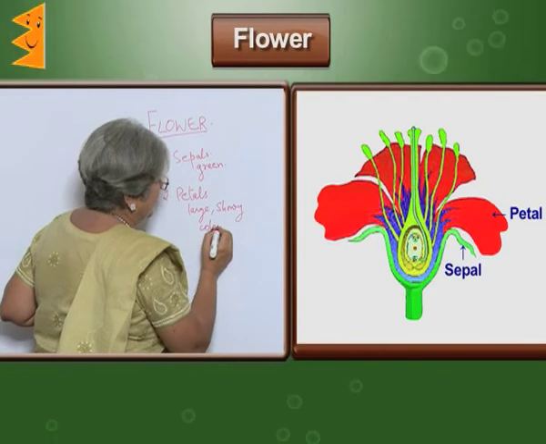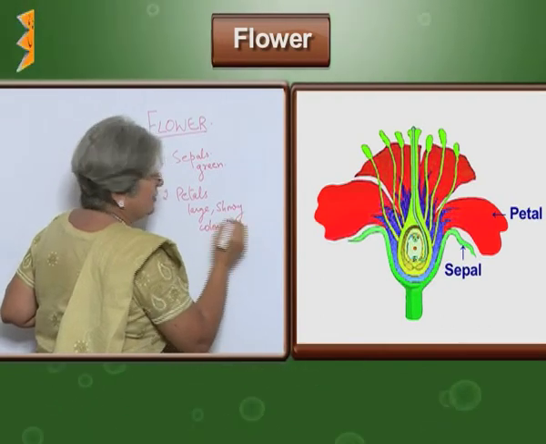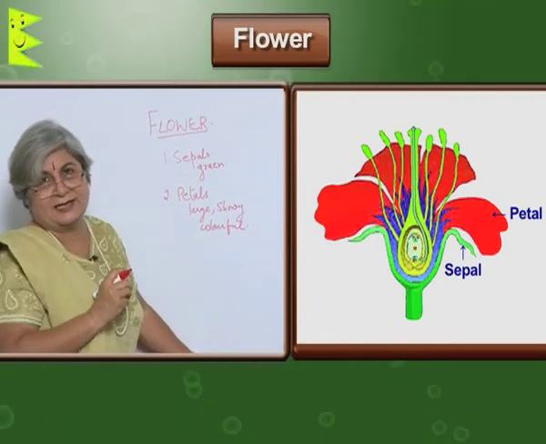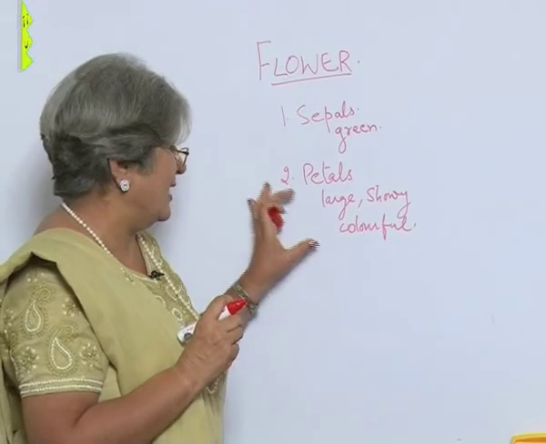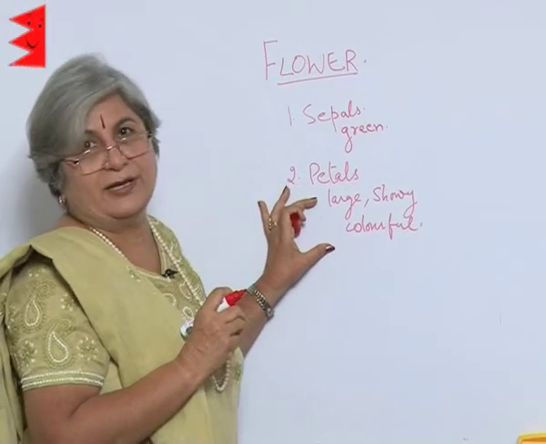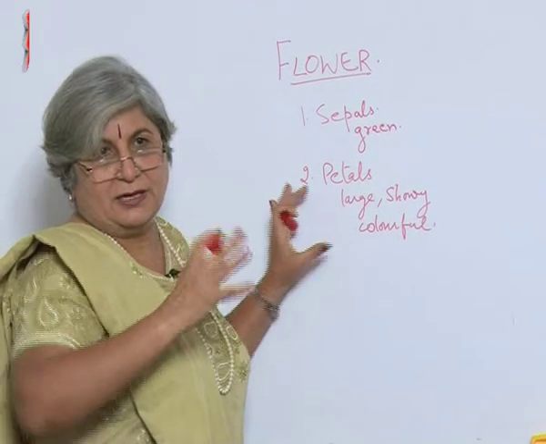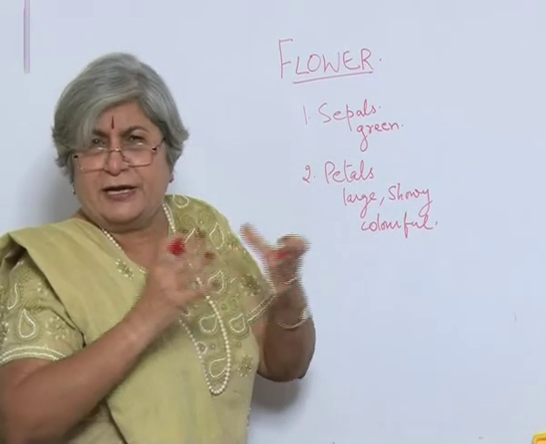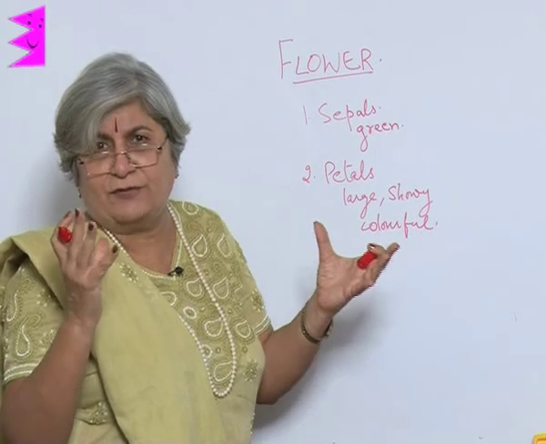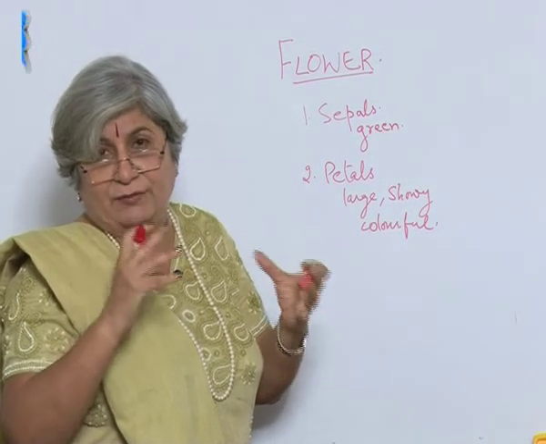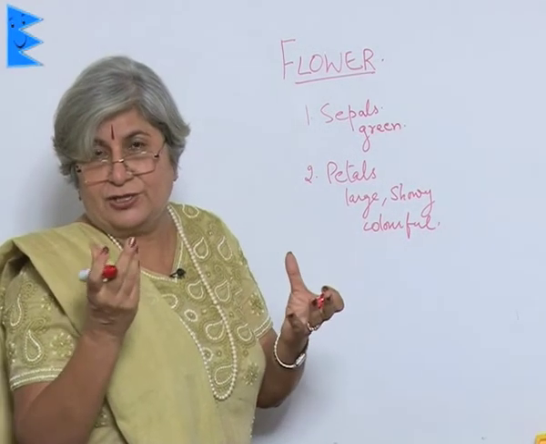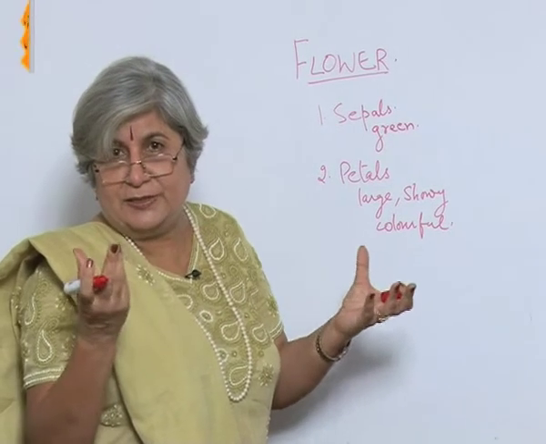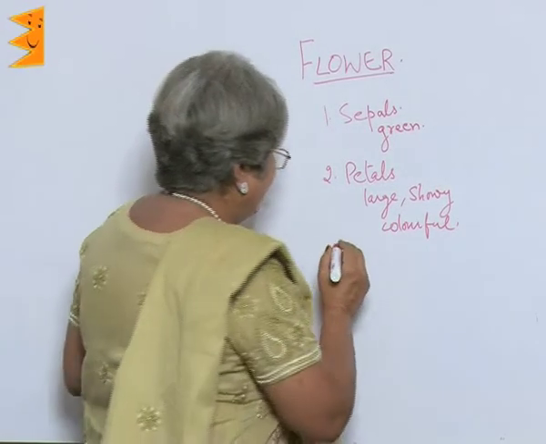Because they have a very important function of attracting insects. So that is why they are large and showy, and they are much larger than the sepals, because they have to be shown. They come in very many colors, ranging from blue, red, orange, white, purple, so many colors are there.